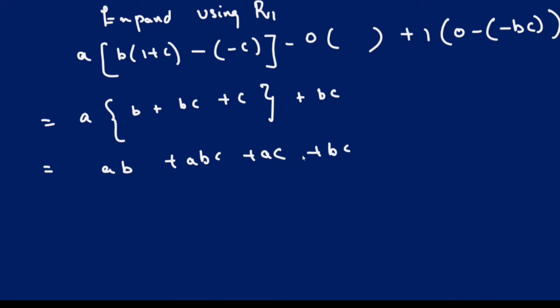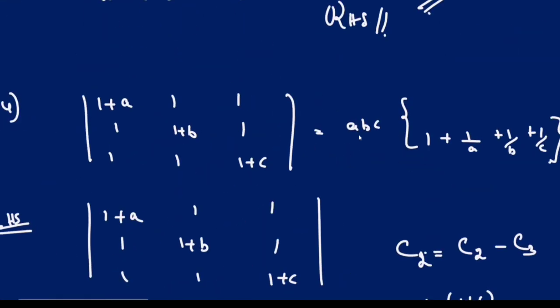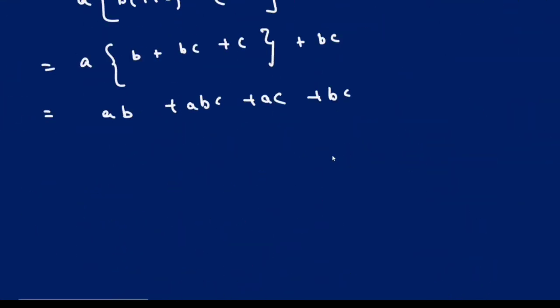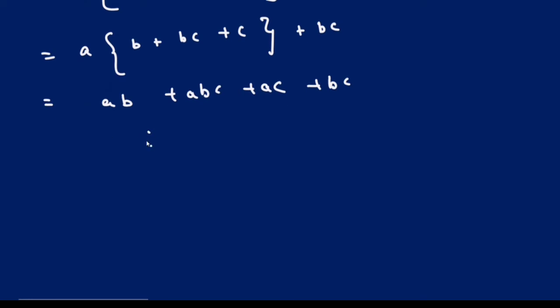This is the answer that we got, but that's not the answer. They want to take ABC outside. So multiply and divide by ABC. Divide each term by ABC.